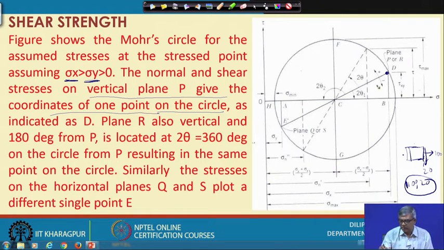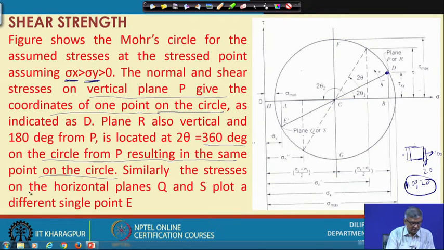So, the R face will be rotated 360 degrees, starting from here and coming back to this point. So, the plane R, also vertical and 180 degrees from P, is located at 2 theta, that means 360 degrees on the circle from P, resulting in the same point on the circle. That means P and R will be at the same point, indicating D.